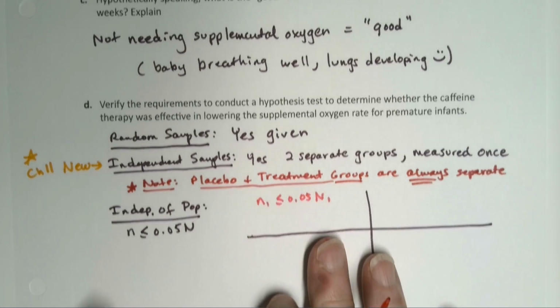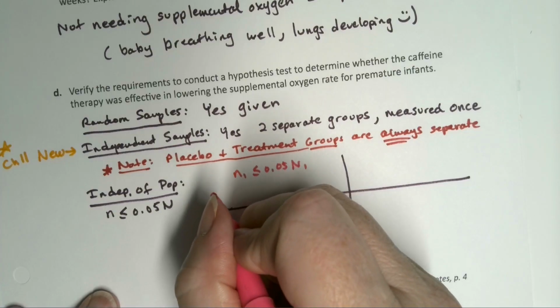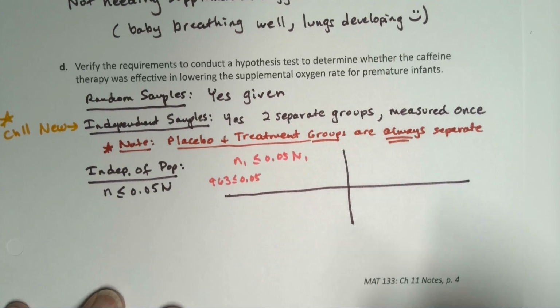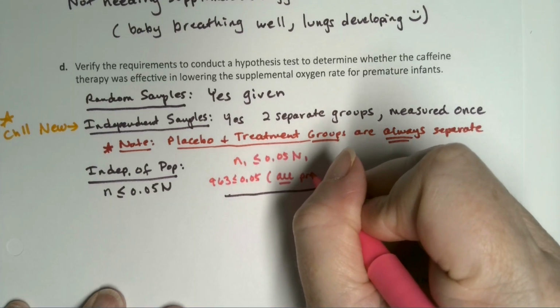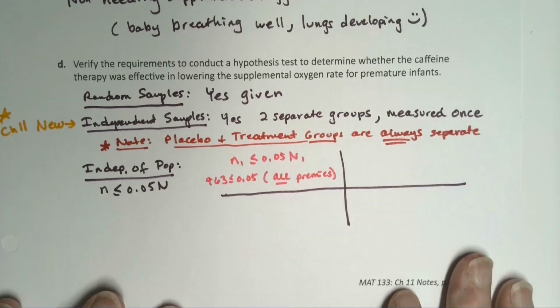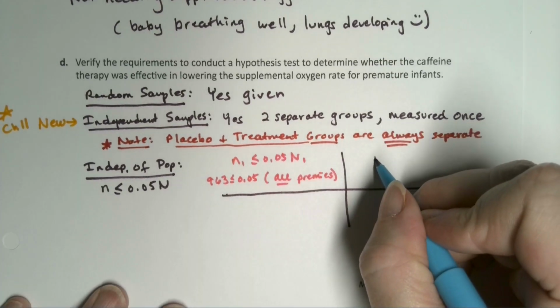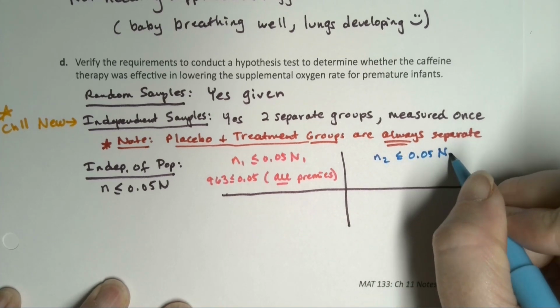Well, little n1 was 963. So 963 is less than or equal to 0.05, and then these are premature babies. This is all preemies. Preemies is just a short way of writing it. And then we need to know the same for group 2. We need little n2 to be less than or equal to 0.05 capital N2.